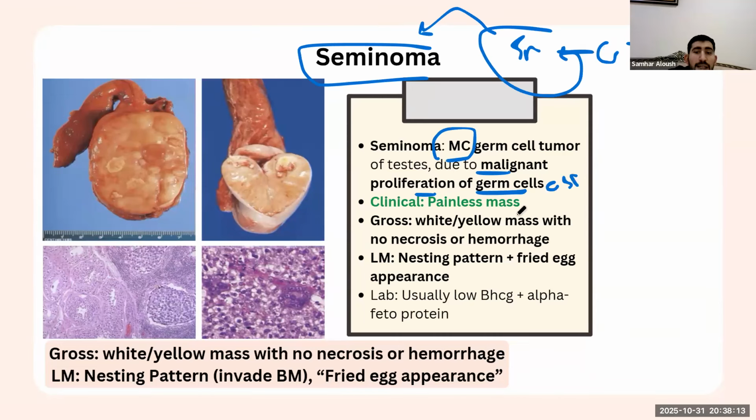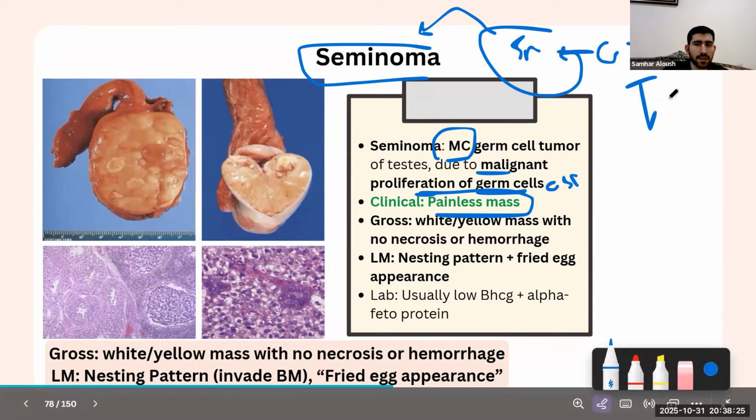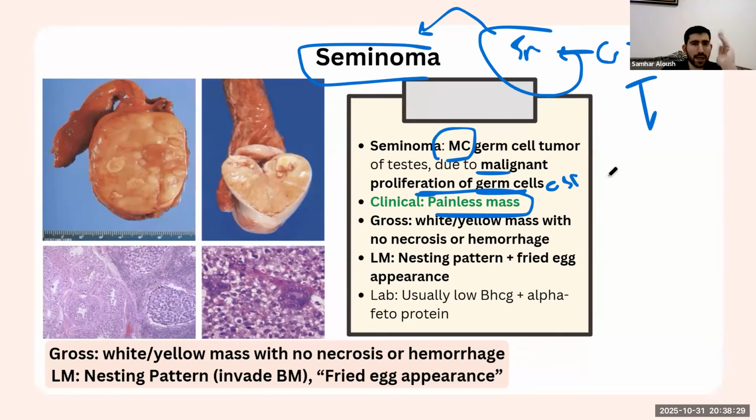Clinically it's a painless mass. In the testes there is a mass, people will just feel a mass, no pain, no swelling, nothing. Oh, by the way, all testicular cancers are painless masses except one of them. We'll go through it. But just think, testicular cancer, painless mass. Seminoma is a painless mass and it's the most common germ cell tumor.